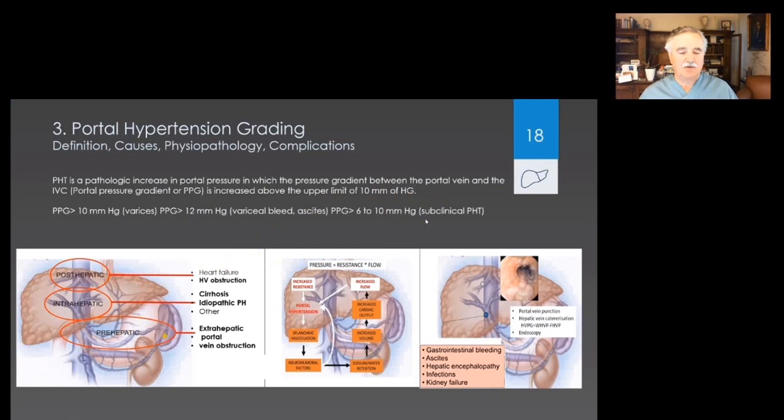There are many causes of portal hypertension named here: post-hepatic, intrahepatic, and prehepatic.